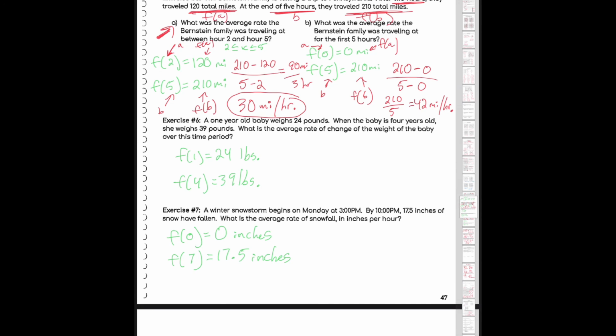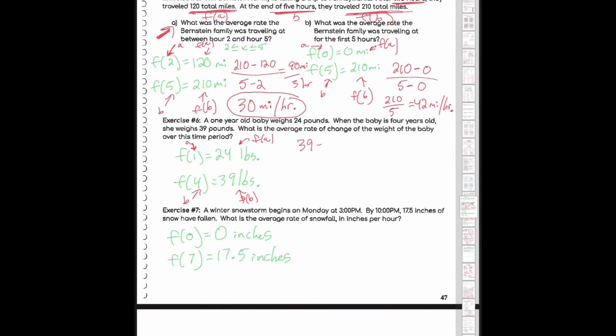Number 6, a 1-year-old baby weighs 24 pounds. So there is our A value with our f of A value. So at year 1 is our A. That's our f of A. And then the baby is 4 years old. She weighs 39 pounds. So our B value and then f of B. It wants to know the average rate of change of the weight of the baby over this time period.